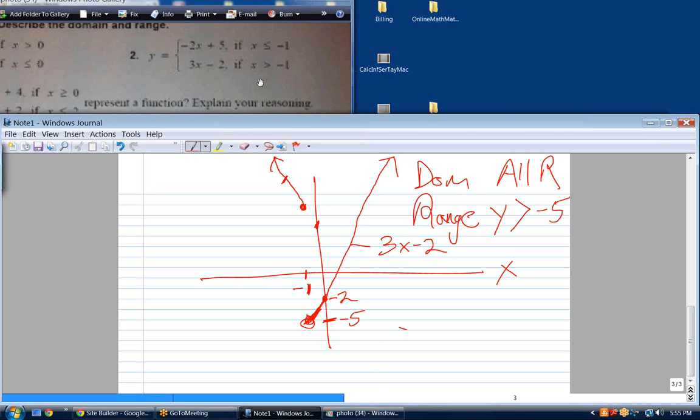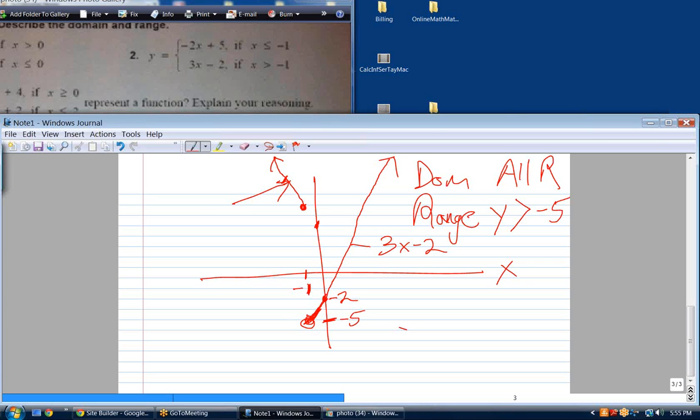In other words, when x is actually equal to -1, we revert to this line there. But when x is just barely to the right of -1, then y is barely above -5.